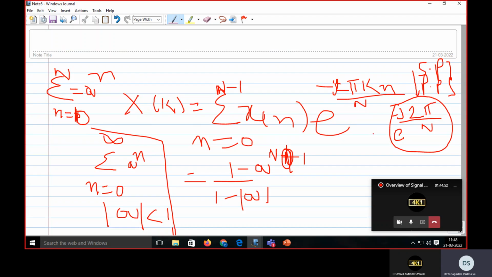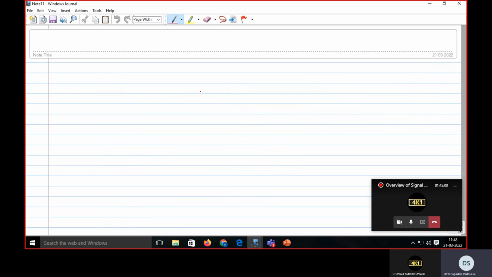One more important point is how we are able to reduce this. I am not explaining the entire algorithm. In both cases we have two algorithms, DIT and DIF, decimation in time and decimation in frequency. The concept is the same: you have x[n], 8 samples.